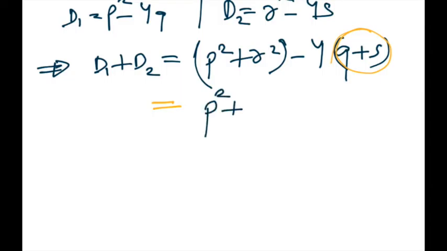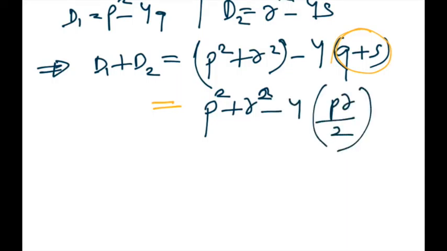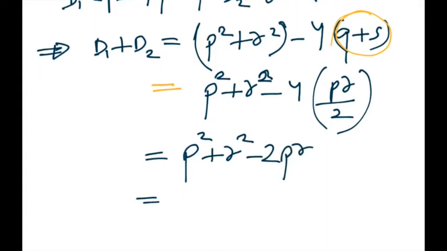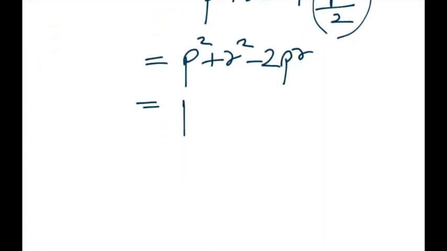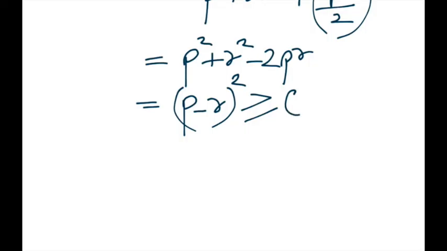P square plus r square minus 4 times pr by 2, which is p square plus r square minus 2pr, which is nothing but a perfect square, p minus r whole square, which will always be greater than or equal to 0.